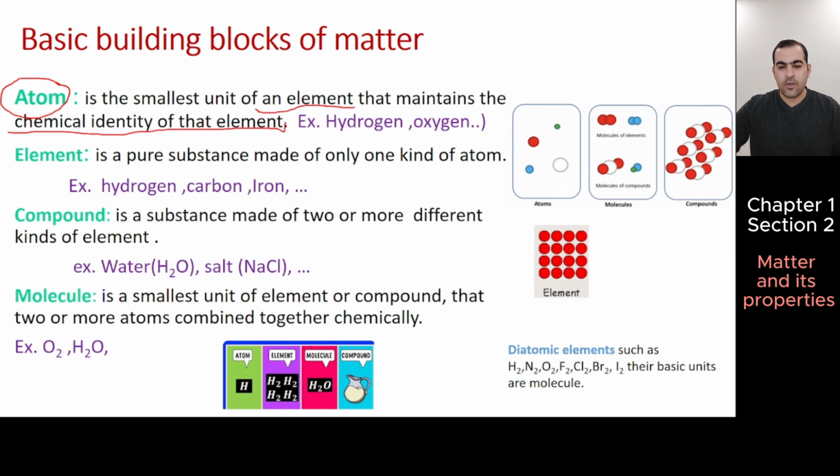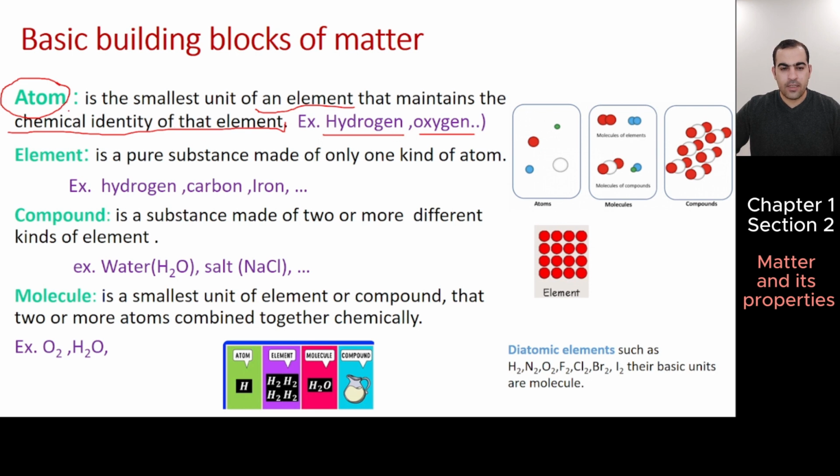We're going to talk about what an element is. For example, hydrogen and oxygen are examples of atoms: hydrogen atom, oxygen atom. We have 118 elements in nature, and these elements are made of atoms.